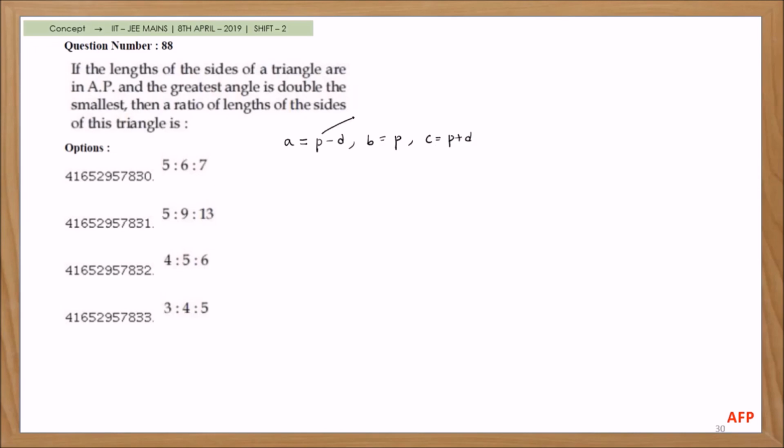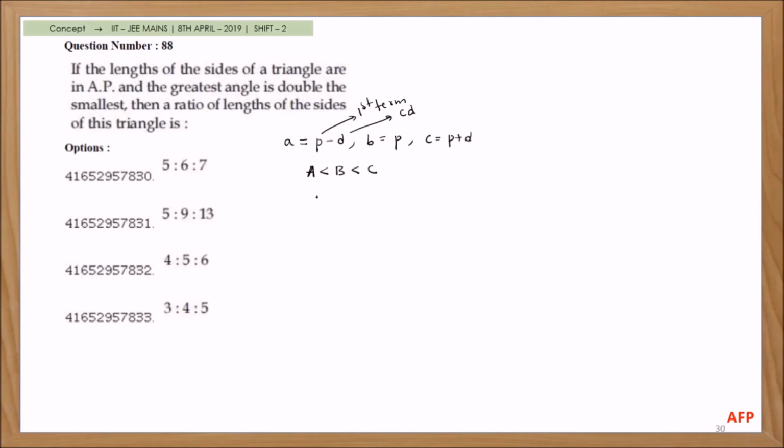Here p is the first term and d is the common difference. The angles A is less than B, B is less than C, so the smallest angle is A and the greatest angle is C here.